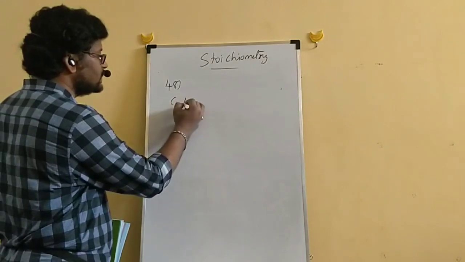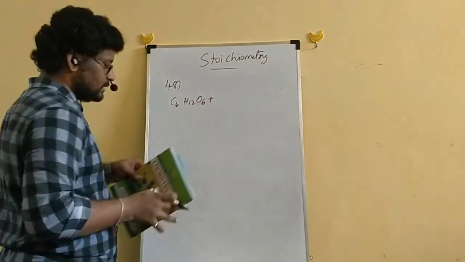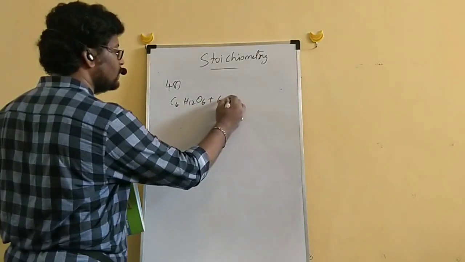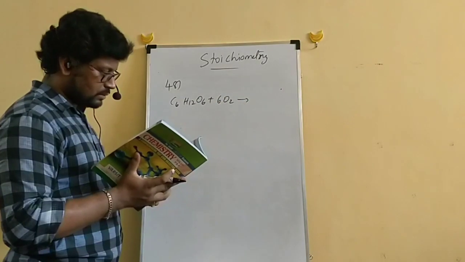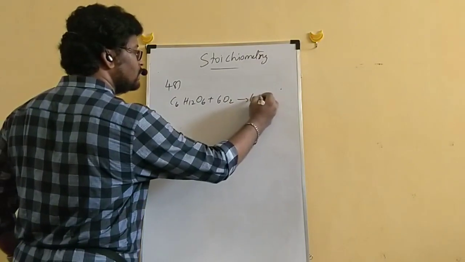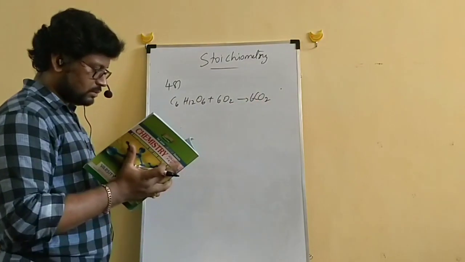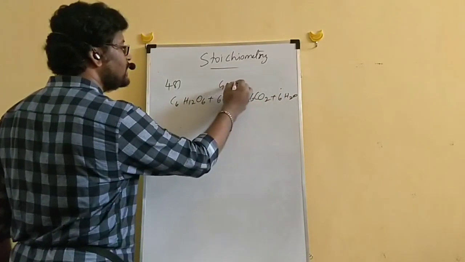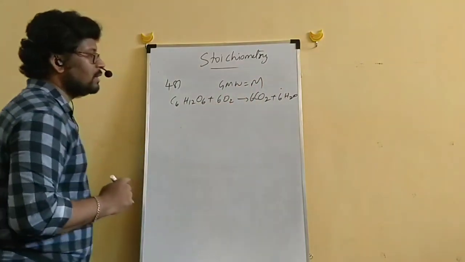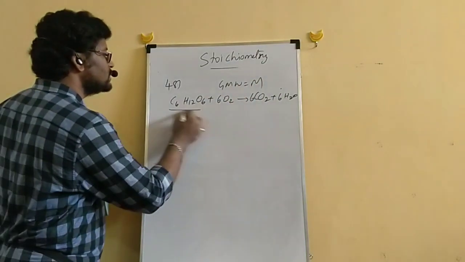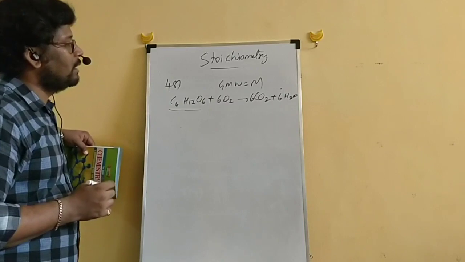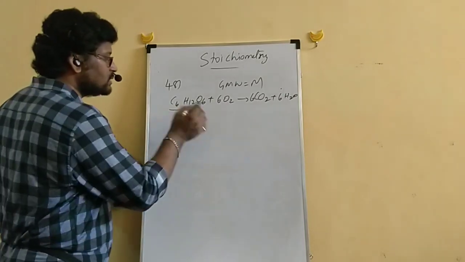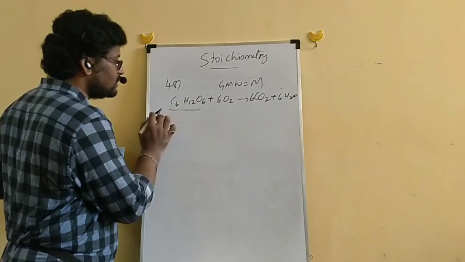The reaction is C6H12O6 plus 6O2 gives rise to 6CO2 plus 6H2O. They give the gram molecular weight as M. Now we have to find the gram equivalent weight for glucose.